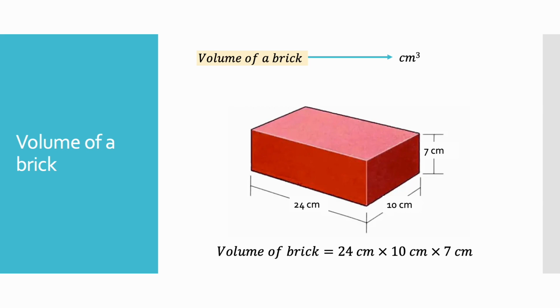So the volume is 1680 centimeter cube or 1680 cubic centimeters. So we use cubic centimeters for smaller solid objects like bricks, boxes, or books.